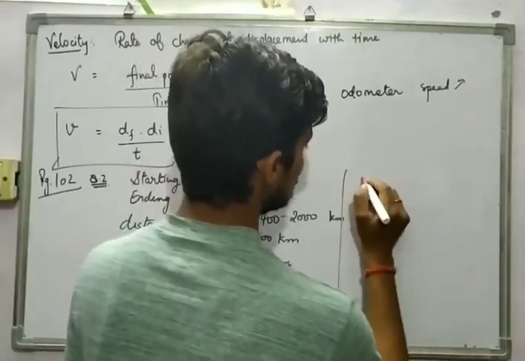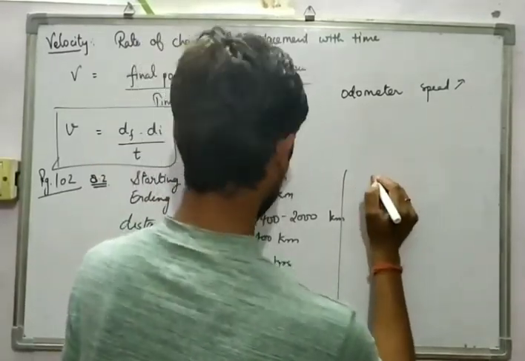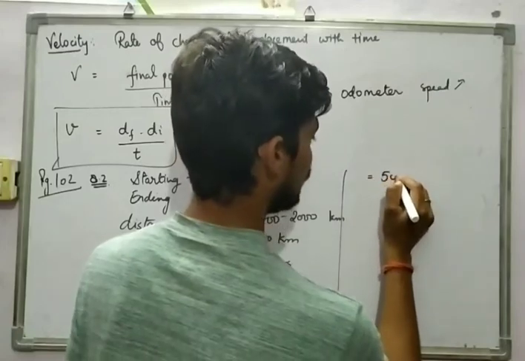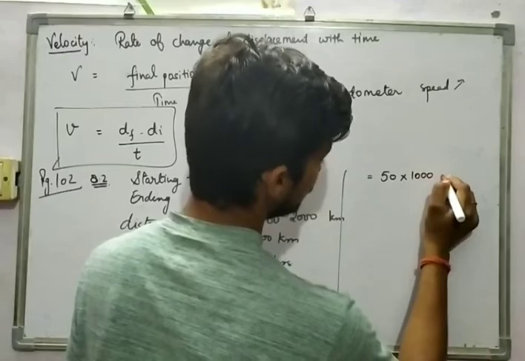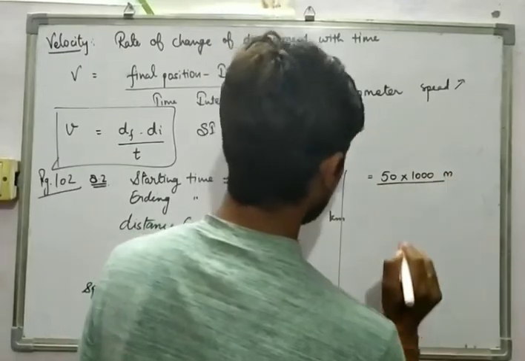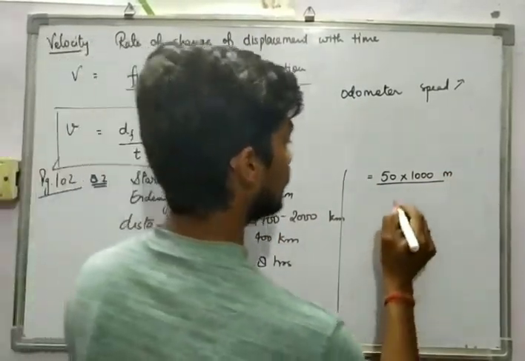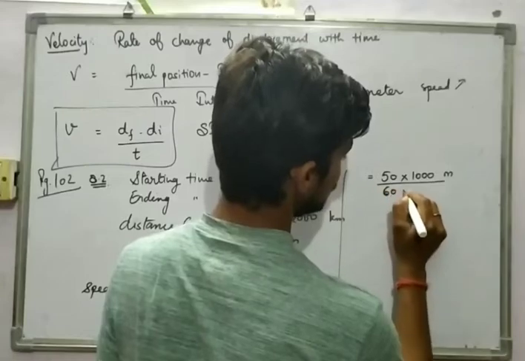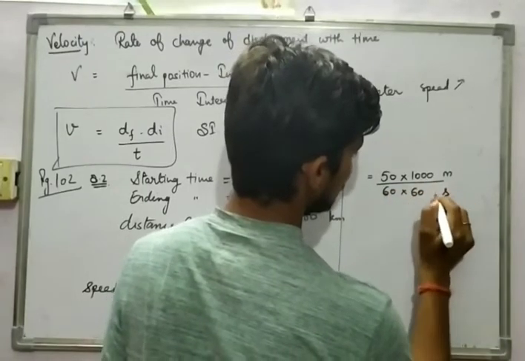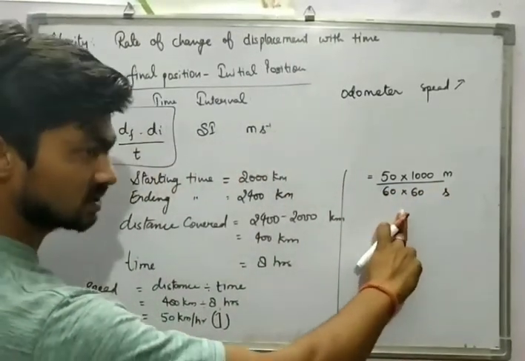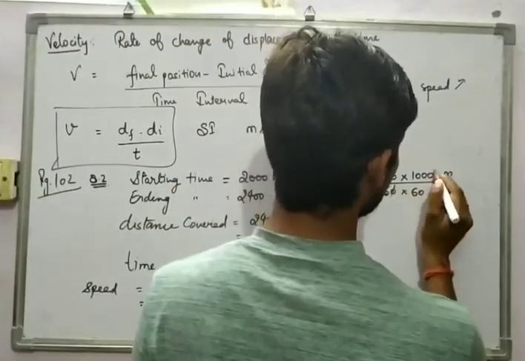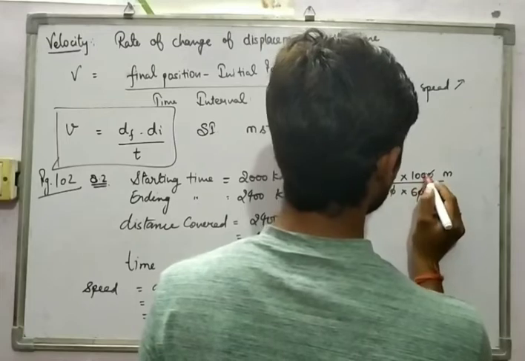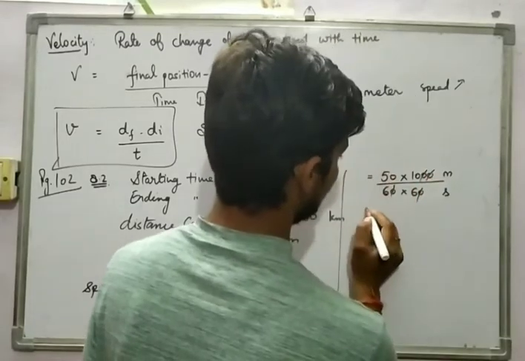So here you see, as we are seeing, 50 km per hour. So kilometer means multiply by 1000, it will be changed to meter. And 1 hour means 60 into 60 seconds. 1 hour is 60 minutes, 1 minute is 60 seconds. 0 will divide this 0.